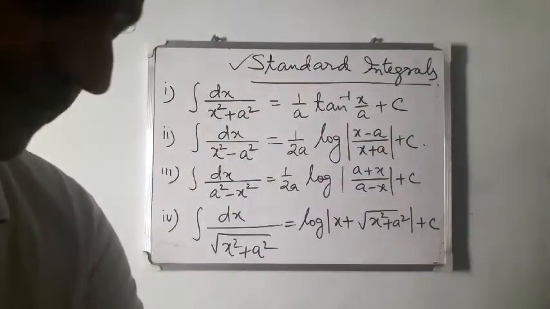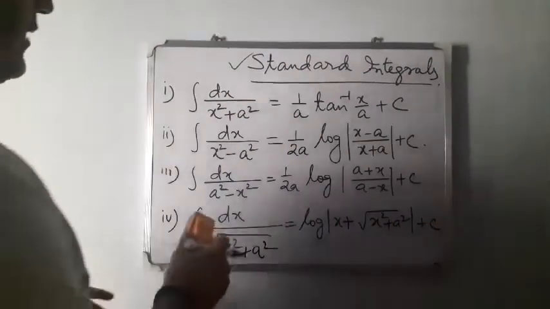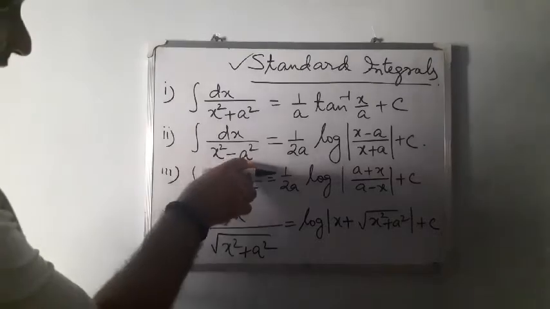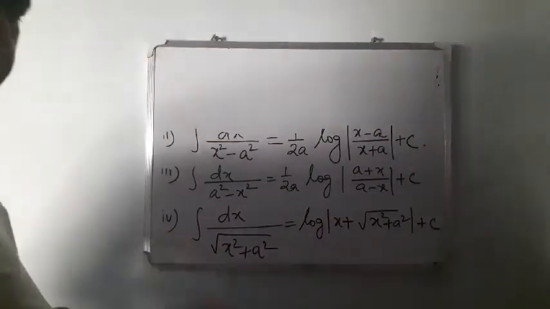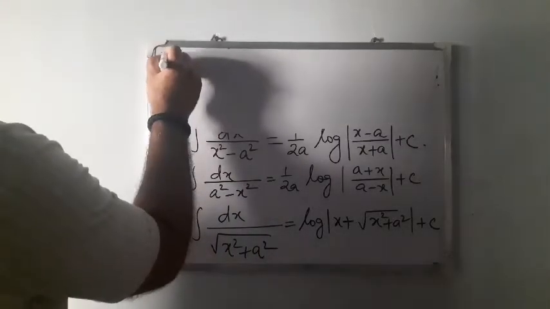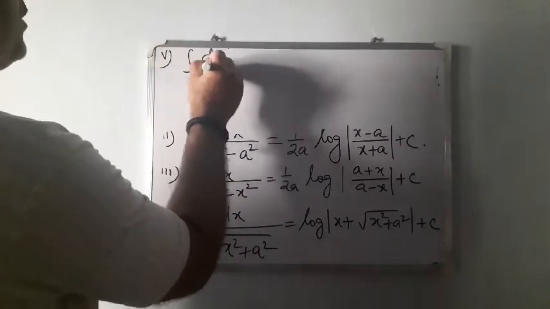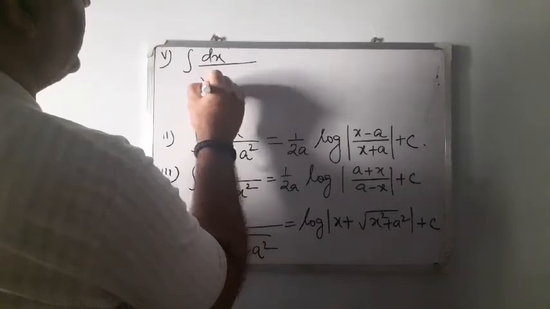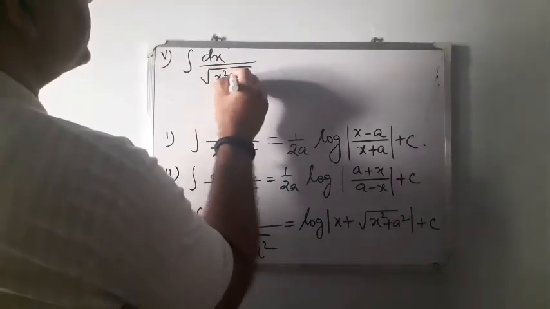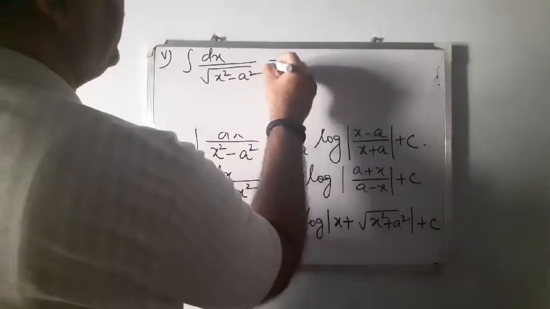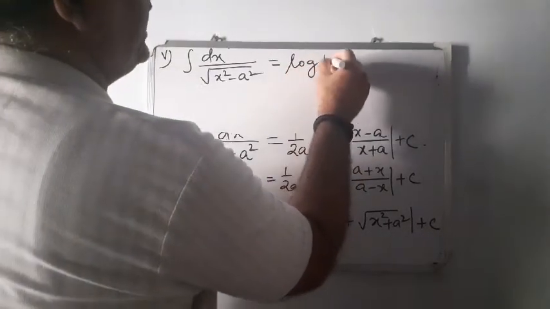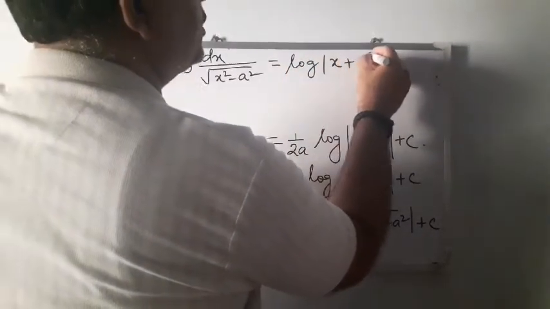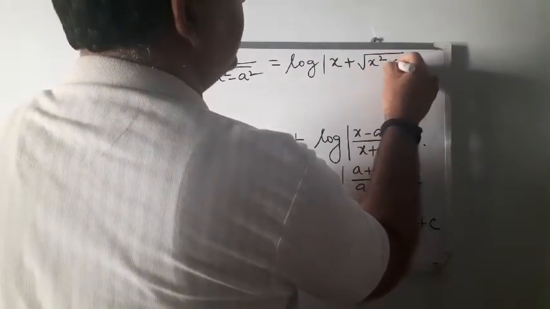Again we have the same for the next one, formula number 5, integral dx by root over x square minus a square. In the same fashion, the formula is log mod (x plus root x square minus a square) plus c.